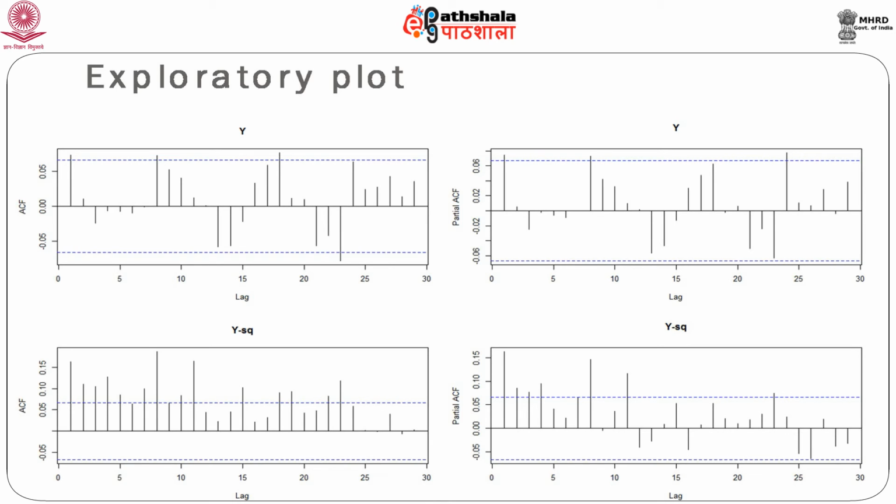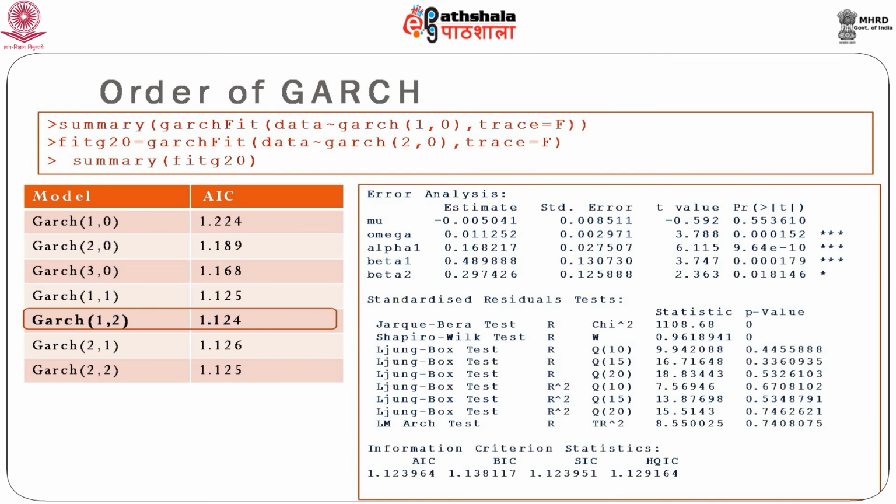It's giving some indication, but it is not clear what would be the appropriate order of the GARCH model. For that, we had better look at the AIC for the different choices of the model. For a GARCH fit, you can just get the summary of the GARCH fit.